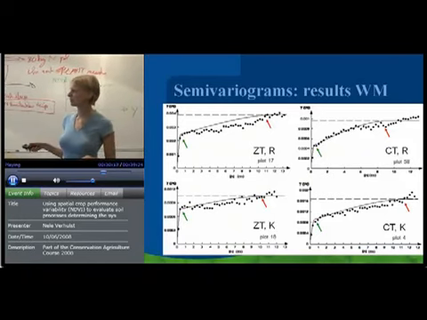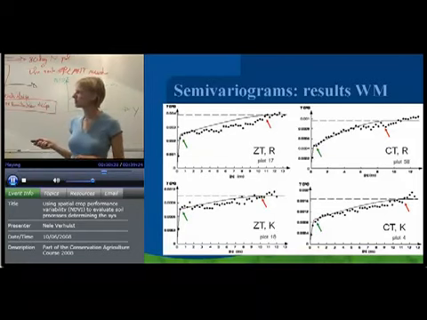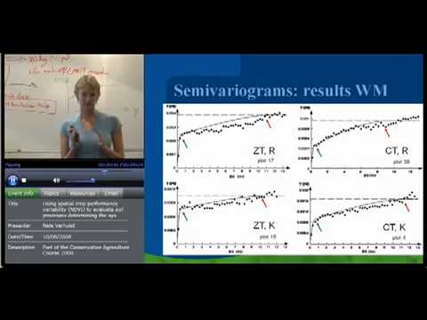So we've got two different ranges. The range of your first model and the range of your second model. Now the range of this first model is about 40 centimeters. And that you have two models is saying to us that we've got two different kinds of spatial variability. We've got a process that controls spatial variability with a range of 40 centimeters.